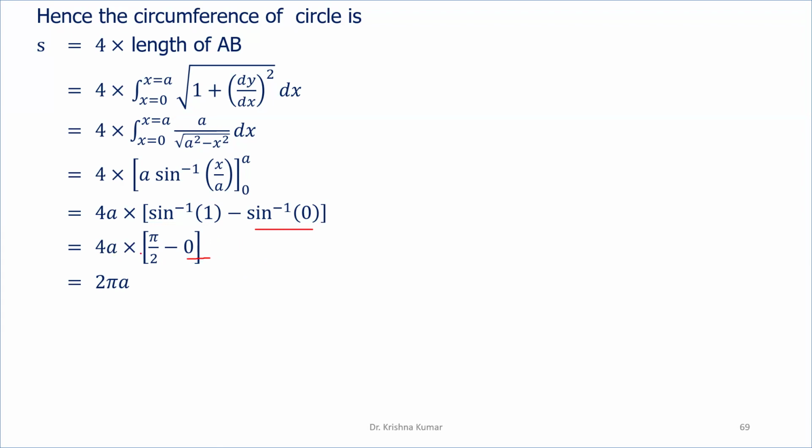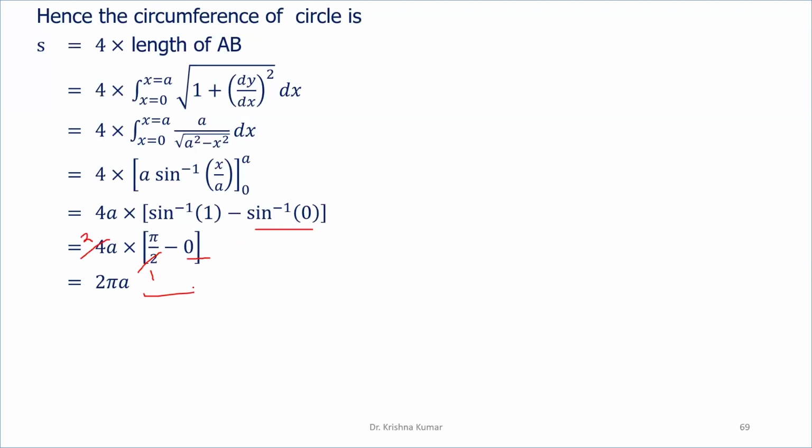So 4a into pi by 2, the 2s cancel and we get 2 pi a. This 2 pi a is the circumference of the circle, also called the perimeter of a circle. So this is the desired result. Using the Cartesian formula of rectification, we obtain the circumference of the circle. Thank you.